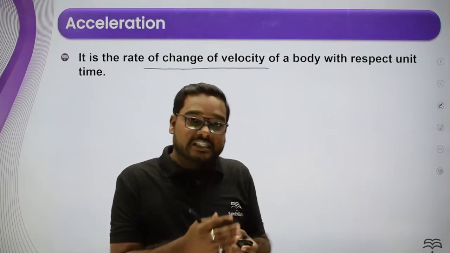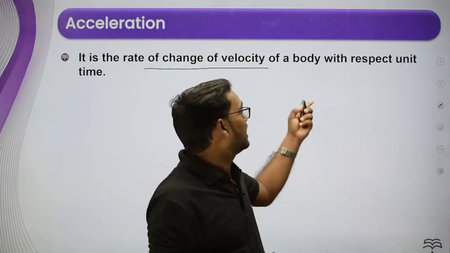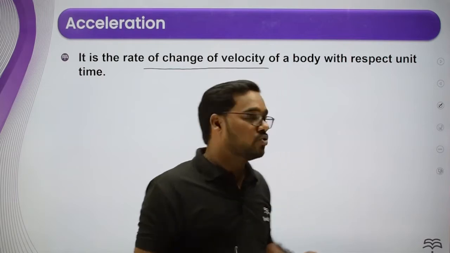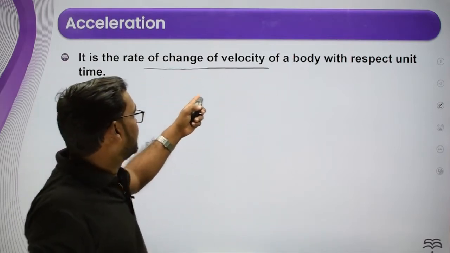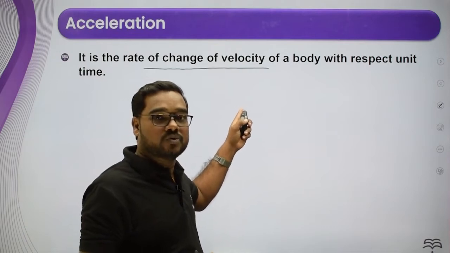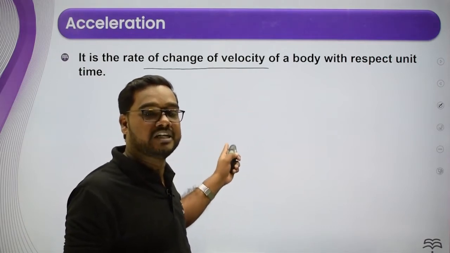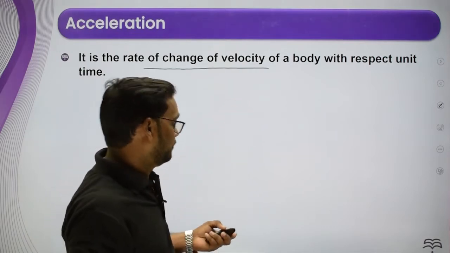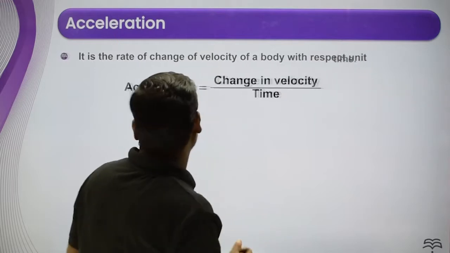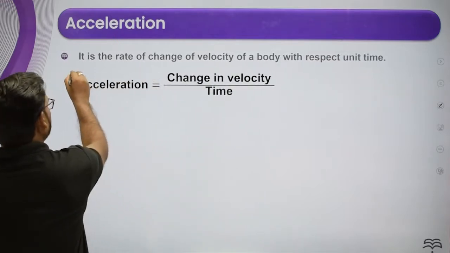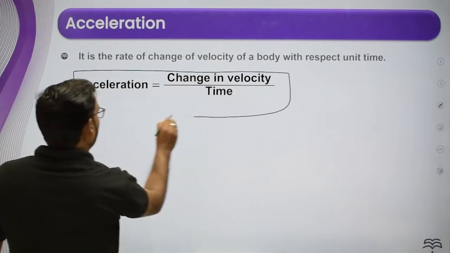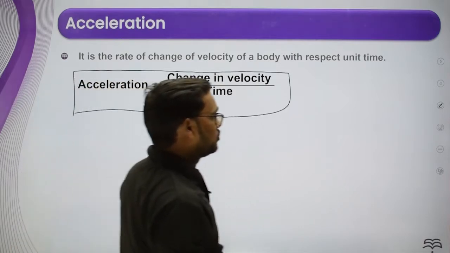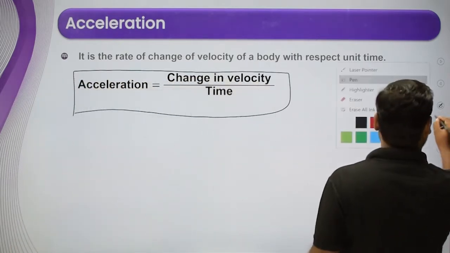So you can say that it is the ratio of change in velocity, that is v final minus v initial, divided by total time. Mathematically, you can write that acceleration is the change in velocity with respect to time.